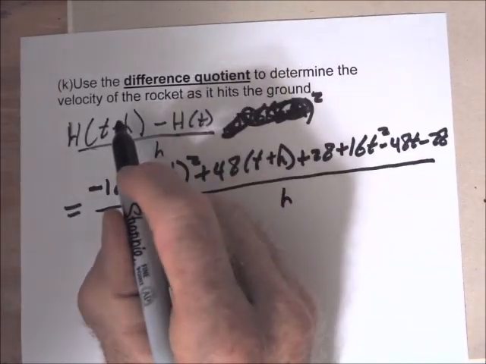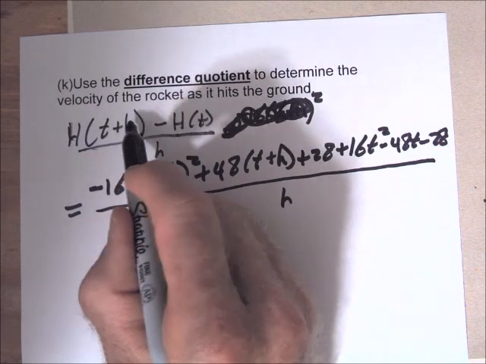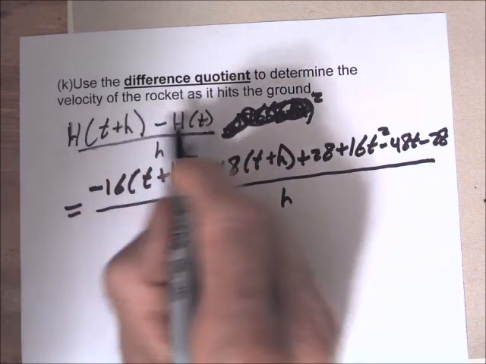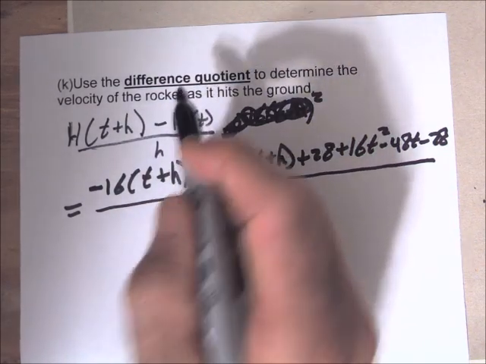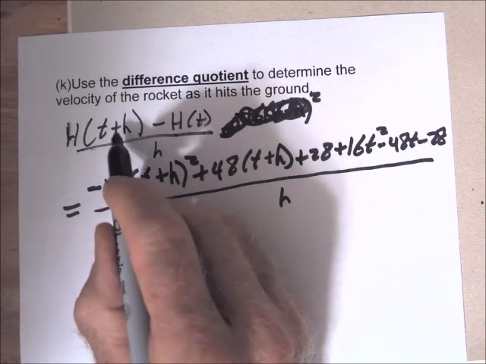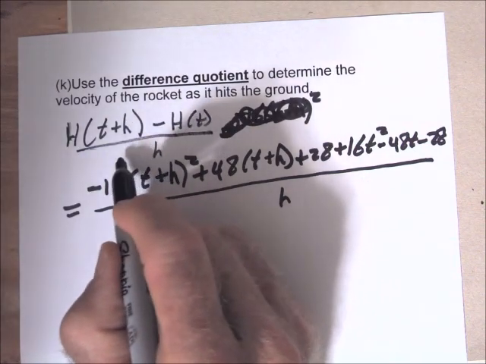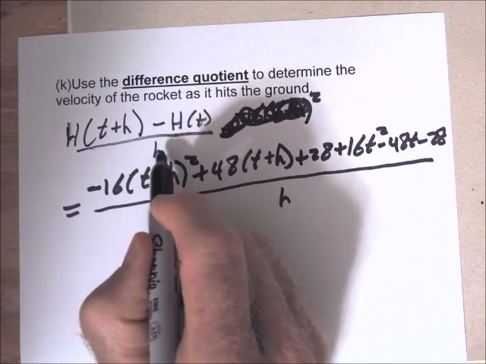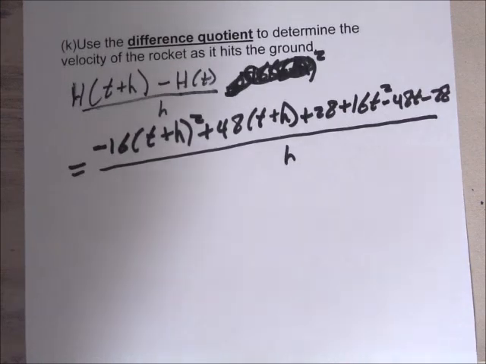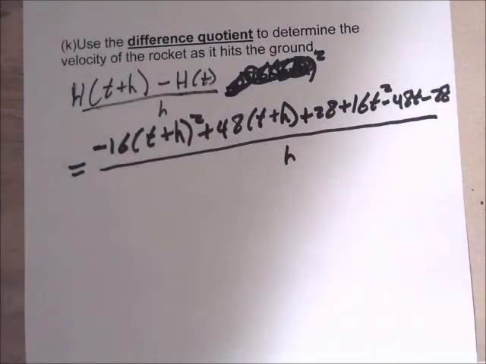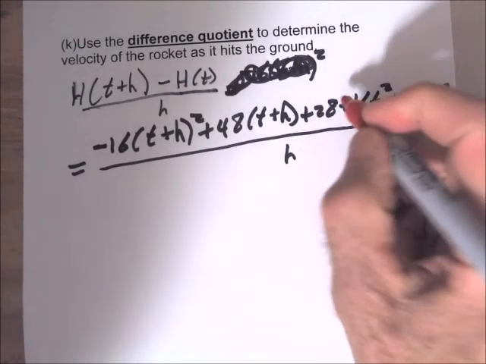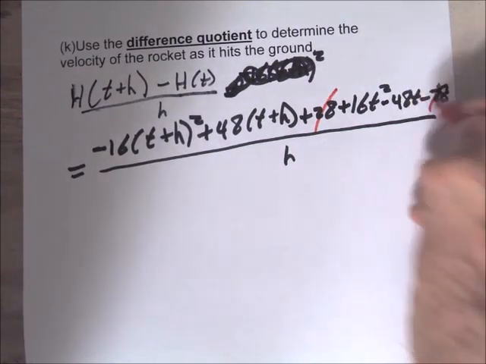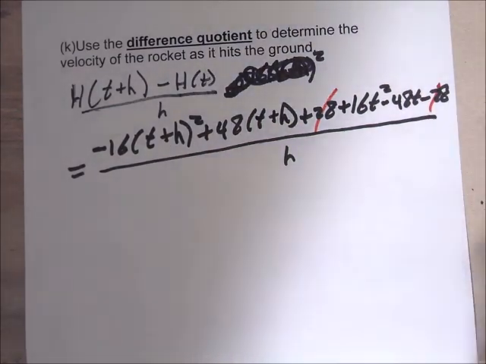This is h of t plus h minus h of t. That's like y2 minus y1, and on the bottom we'll have t plus h minus t, which is like x2 minus x1, but the t's cancel and just leave us with h. Okay, so the 28 minus 28 will cancel. So now we won't take up so much space here.